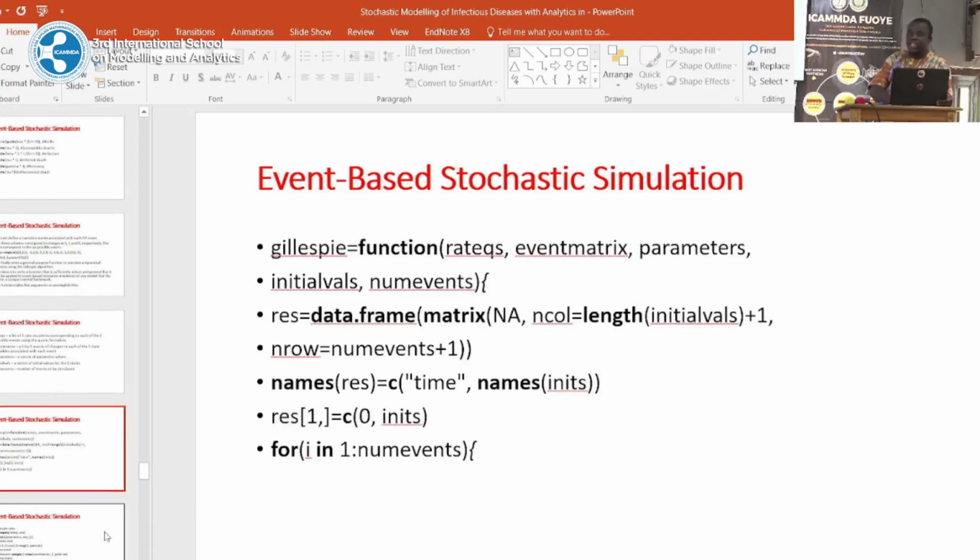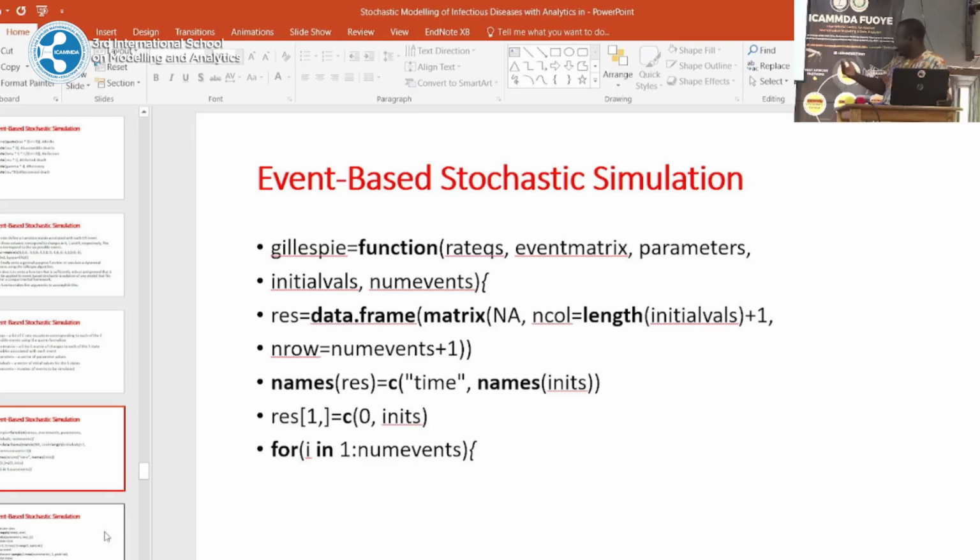So for the Gillespie function, it's an algorithm that involves all the arguments. The arguments are the rate equation, the equations in the model, the event matrix, the events which we form as matrices, the parameters which are beta, gamma, and all of that, the initial values, that's the initial state variables, and then the number of events.